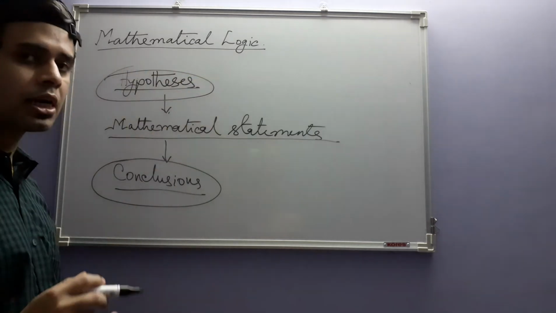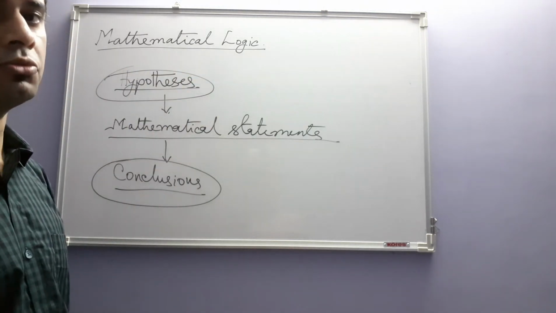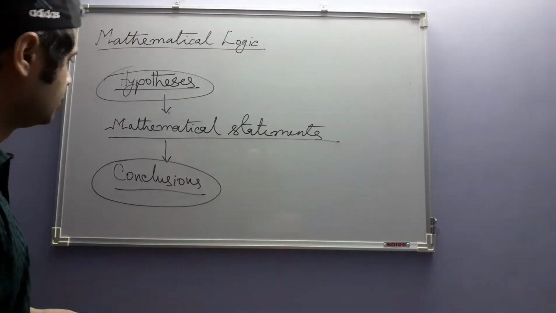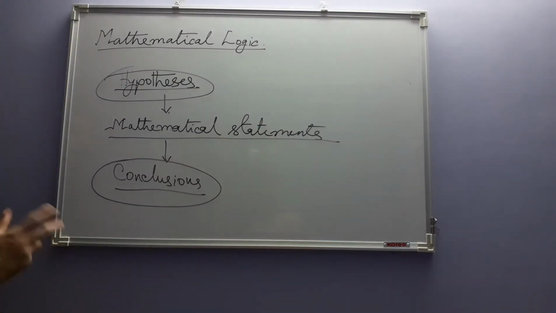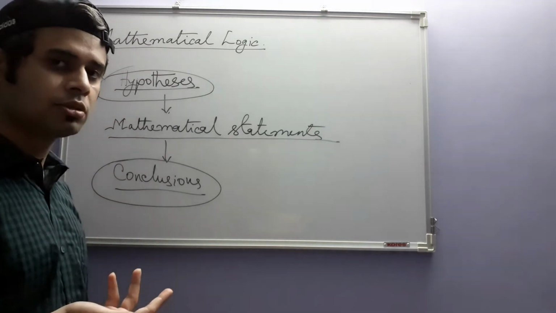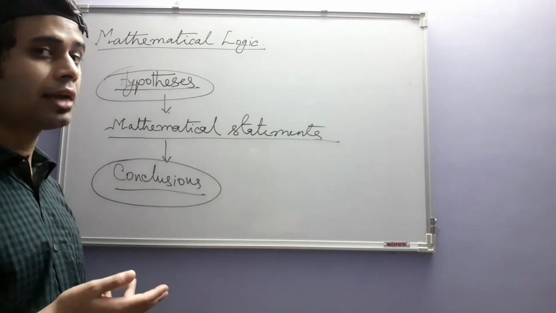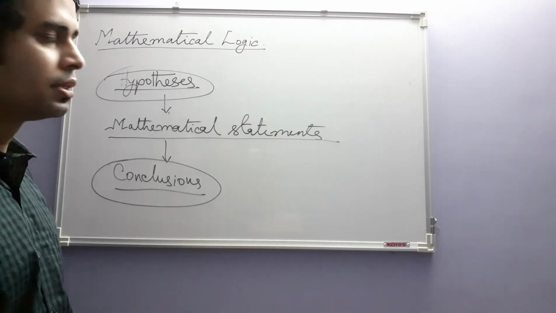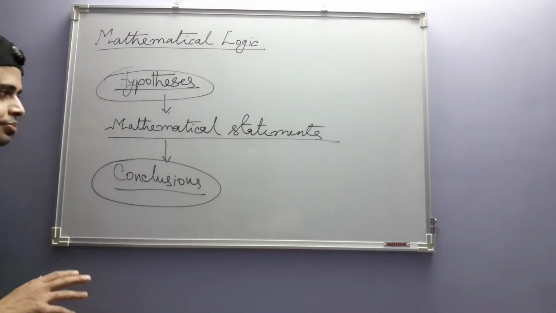This is the general structure of a proof. This is not the only way of proving something. We will discuss 2 or 3 types of proofs, and that will come later.